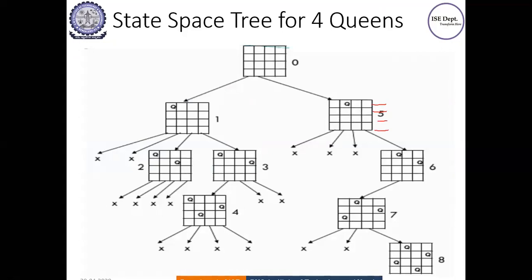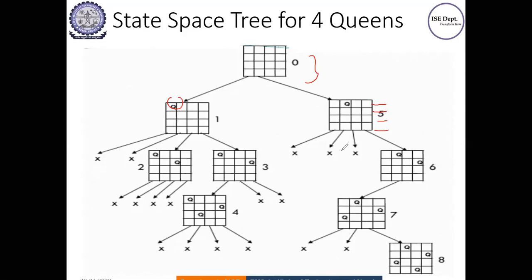We know that there is a state space tree for 4 queens. Initially we start with the empty board. If you see here, nothing has been placed. We start with the empty board and then place queen 1 in the first possible position, this one.